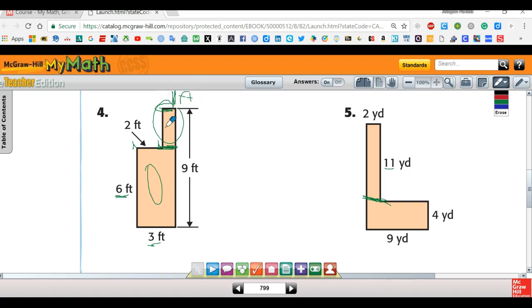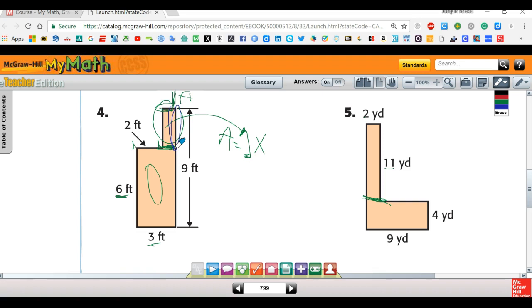Okay. So for this one is 1 times. I need to figure out what this section is right here. Let me get another color. I need to figure out what this section is.